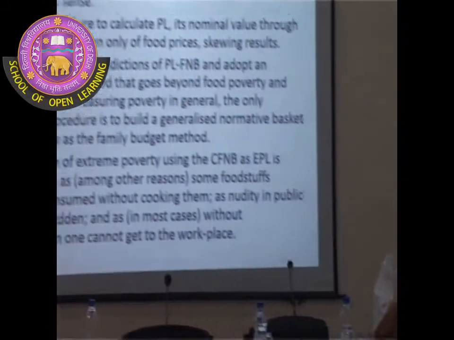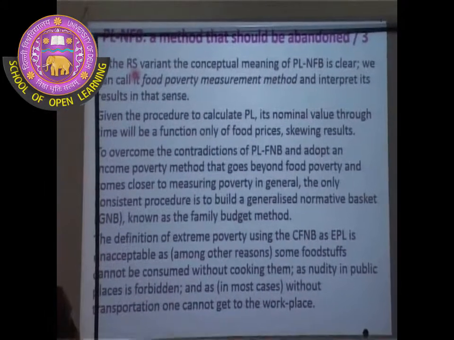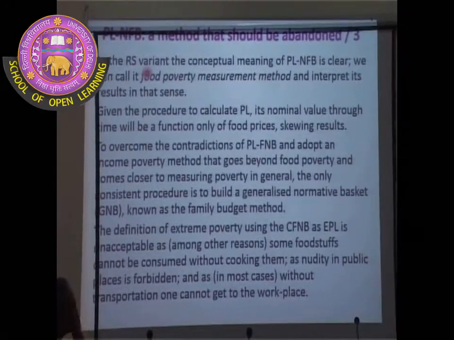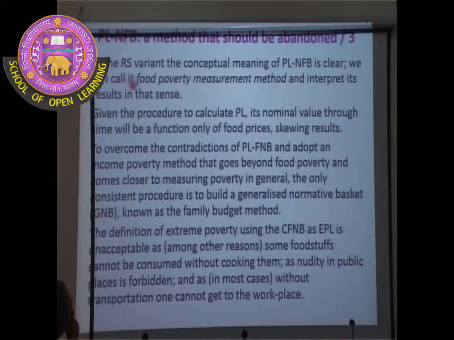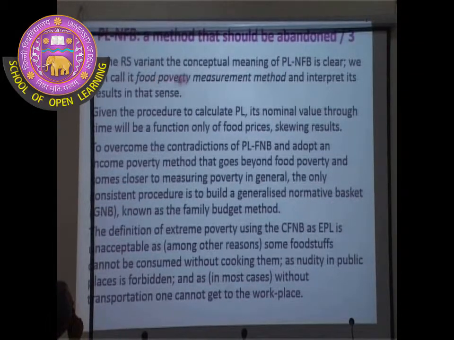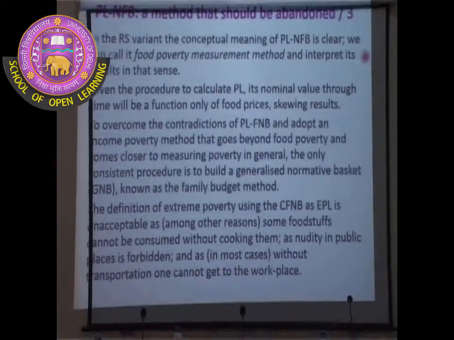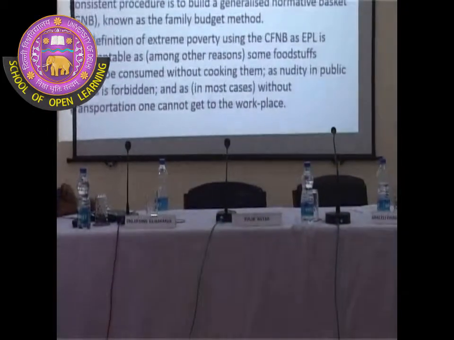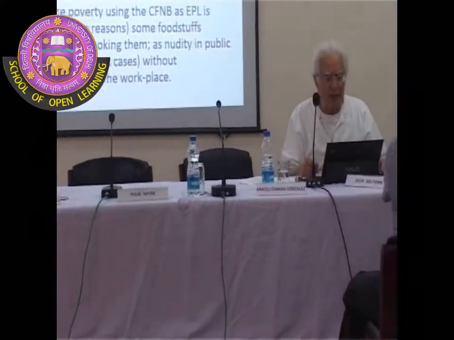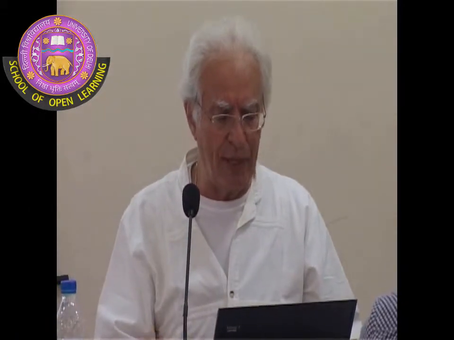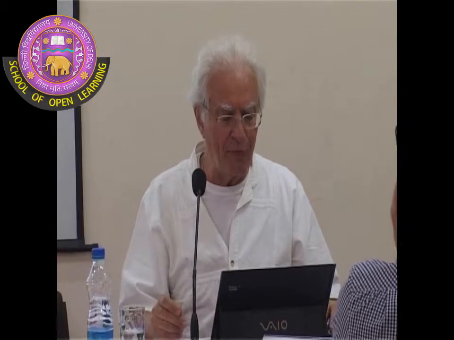In the reference stratum, it's one of the variants which I was explaining. The conceptual meaning of poverty line normative food basket is clear. We can call it food poverty measurement method and interpret its results in that sense. Given the procedure to calculate poverty line, its nominal value through time will be a function only of food prices.